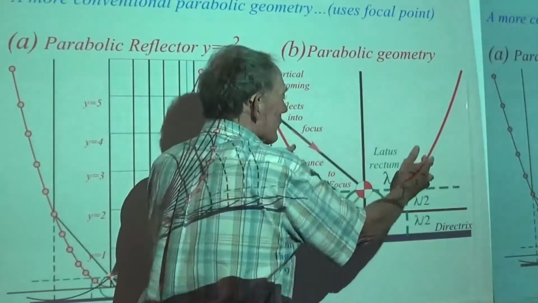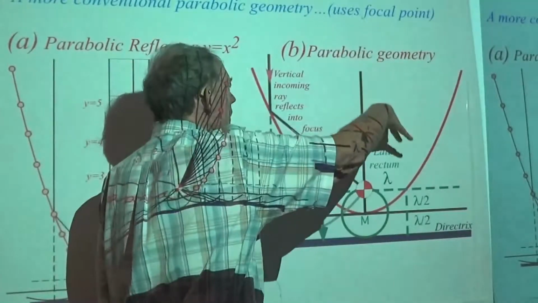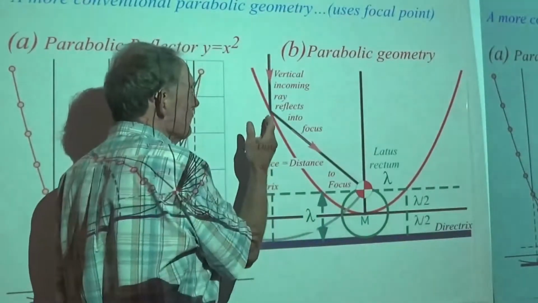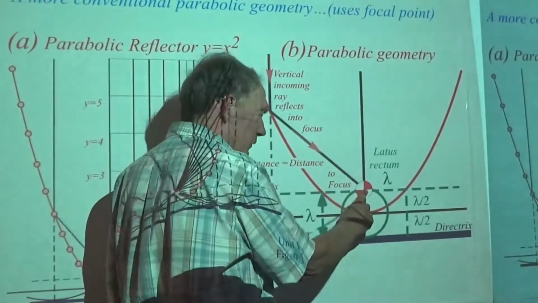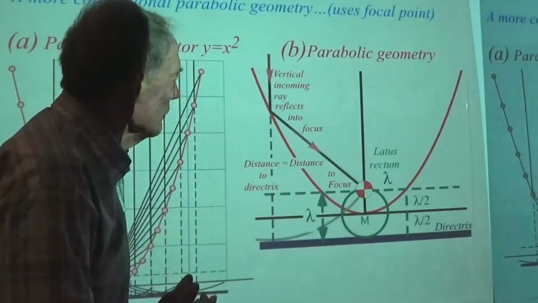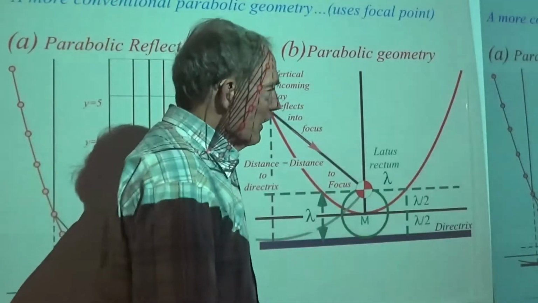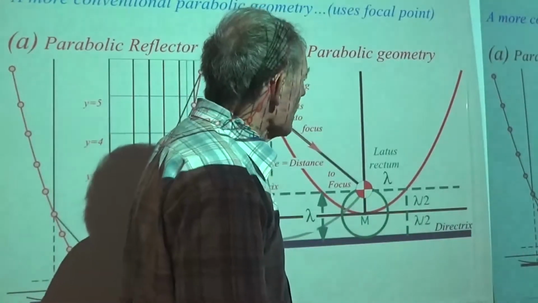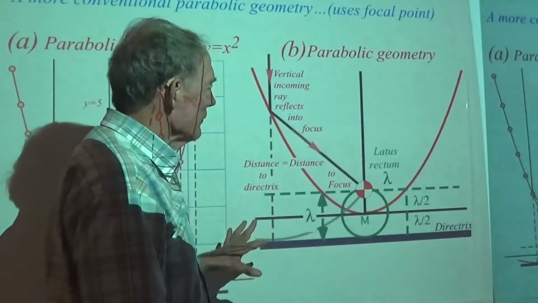Very often it's good to have a parabola because all of the vertical rays will reflect just the right way to send the light through what's called the focus. So I'm going to show you a couple of ways to look at this structure and give the right names to various parts of it.